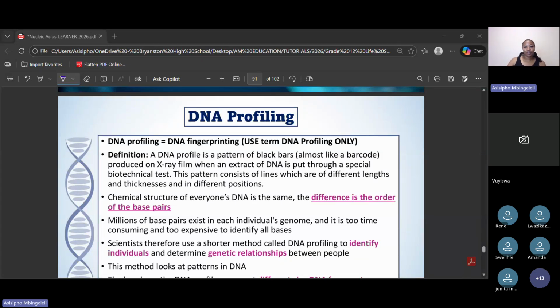Let's continue. So this is a very small section of DNA, and it is the last part of DNA. We call it DNA profiling. Please cross out this word. It was accepted in the past, but they're no longer accepting it now.